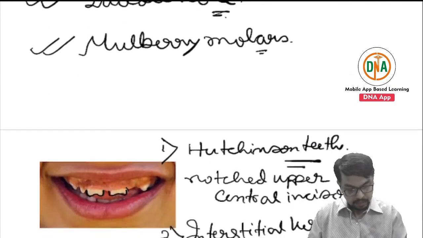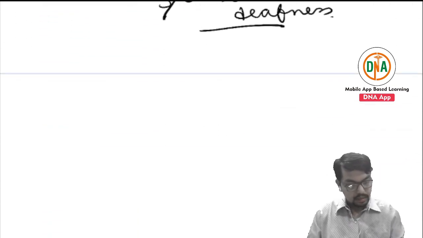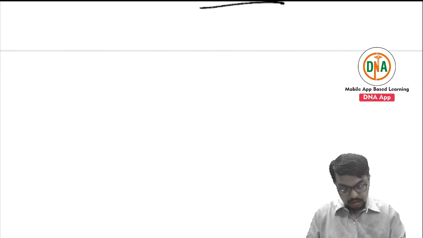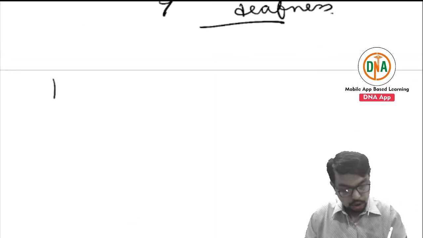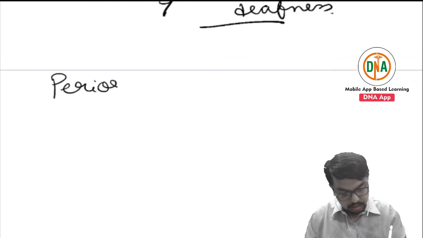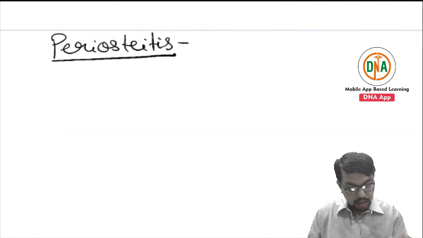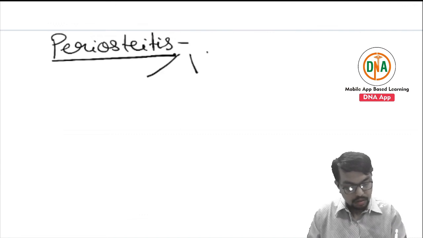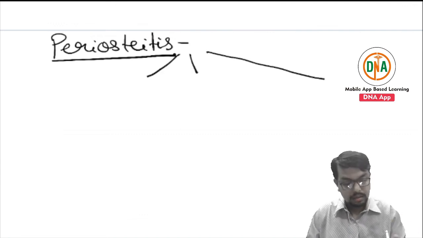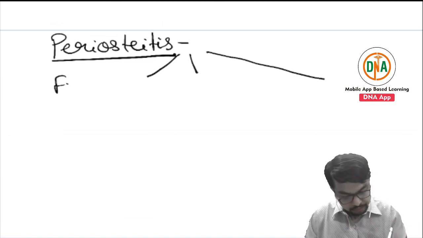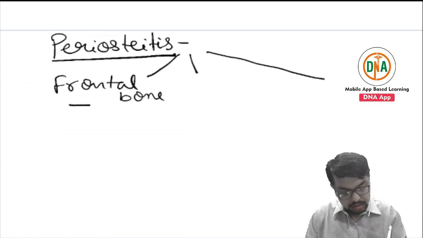Next, there are important osteological changes in the form of periosteitis. Depending on the site of involvement, they have individual names. If it affects the frontal bone, then the name is Olympian brow.